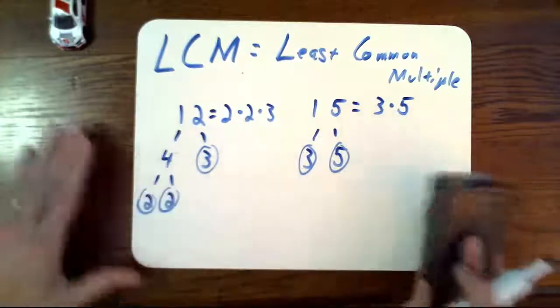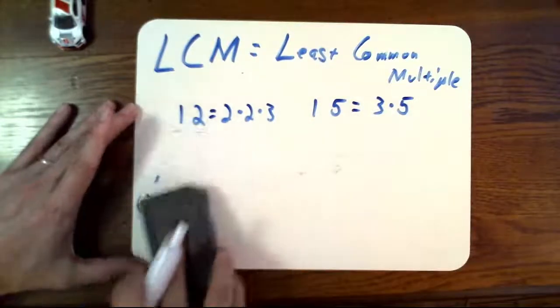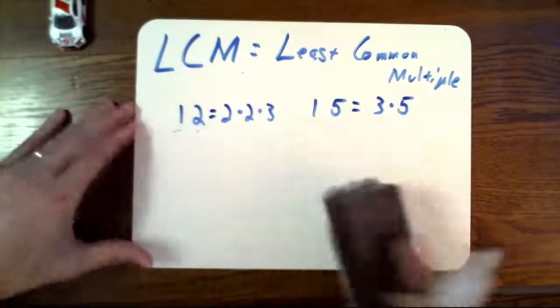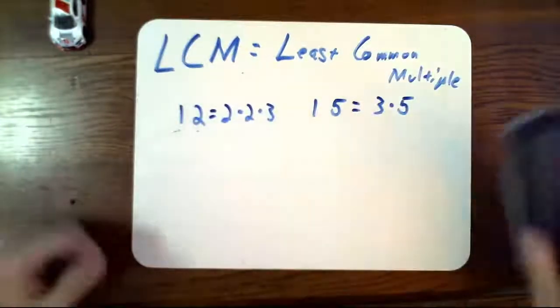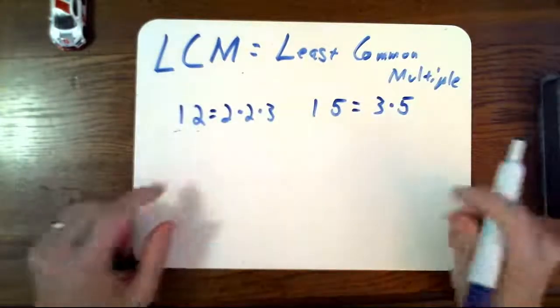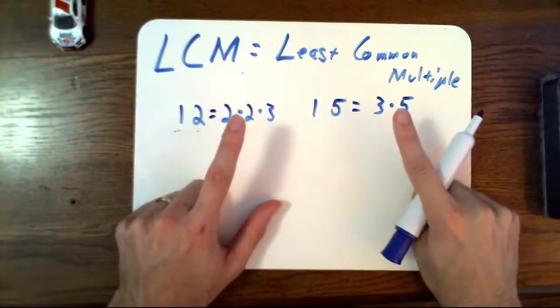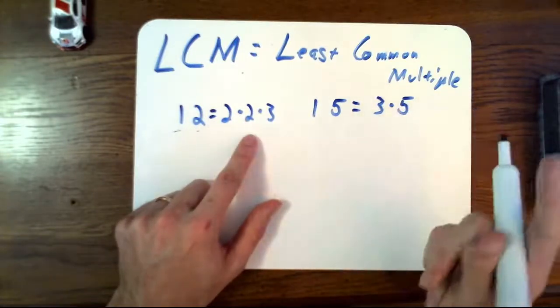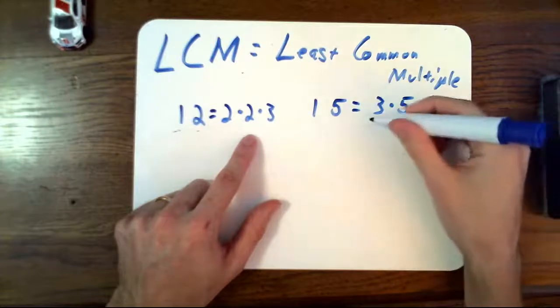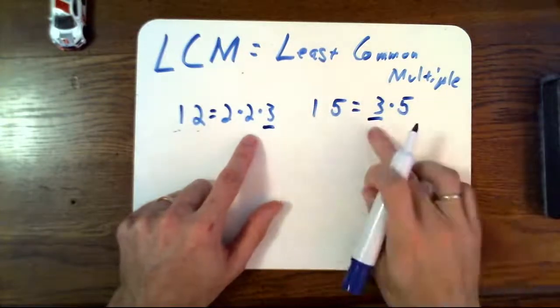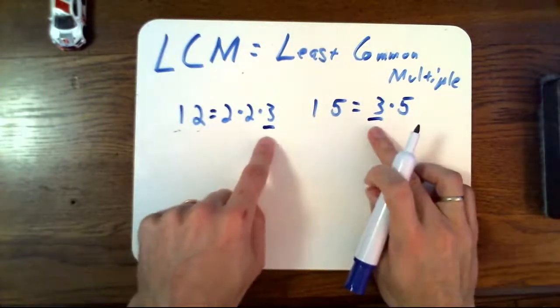Now that I've factored this, if you're doing this on paper, you might want to write the factors down below so you can compare them. So out of these factors, what is the greatest common factor? Well, the greatest common factor is the thing that they both share. They only have a 3 in common.